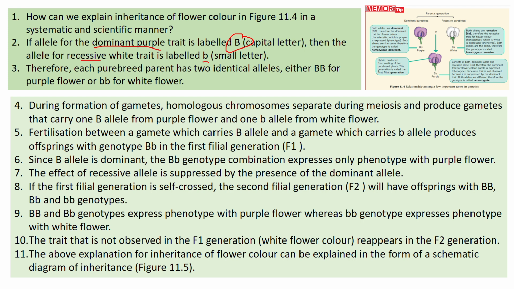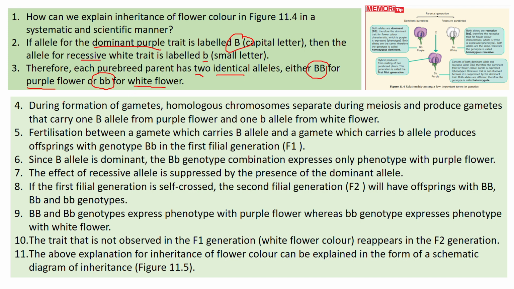small letter b. Therefore, each purebred plant has two identical alleles, either both capital B for purple flower or both small letter b for white flower, dominant and recessive respectively.